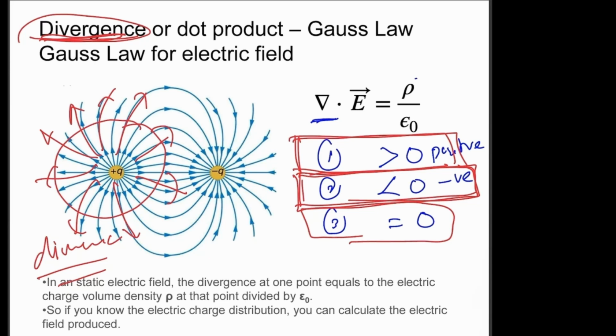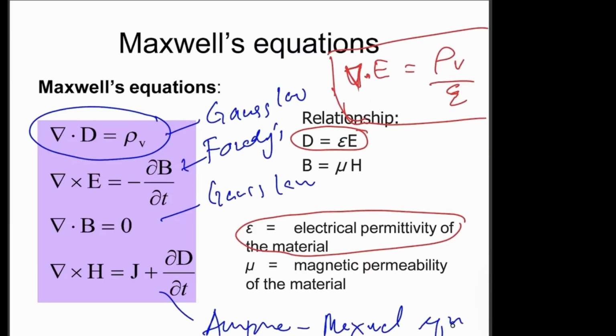Our output is positive, which means our system is divergent. So for the behavior of the electric field, the first one is divergent, the second one converges, and for the third one, it is neutral: the total input is equal to the total output. This is the first equation of the Maxwell equations.